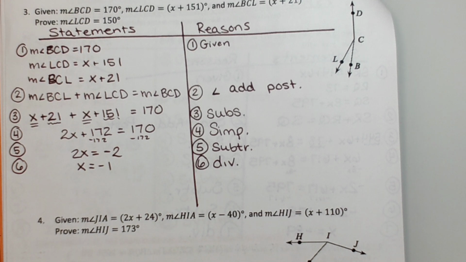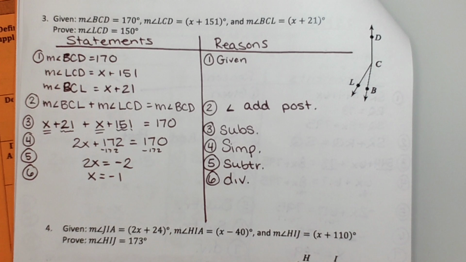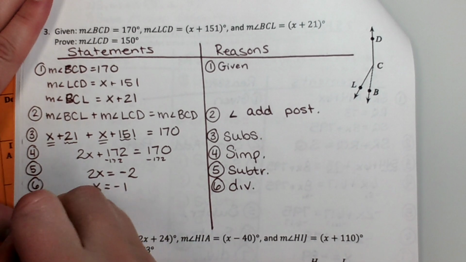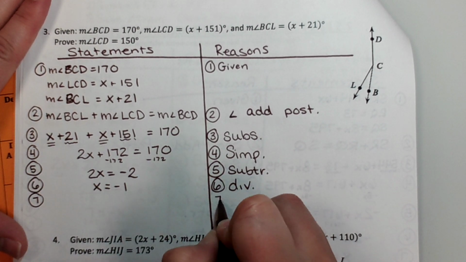It would mean we're wrong if it asked me to prove something that said x equals 150, because clearly x is not 150. But it didn't ask about x, it asked about the measure of angle LCD. Remember, just like back in chapter 1 when you solved and plugged back in, you sometimes in a proof have to solve and then plug back in.